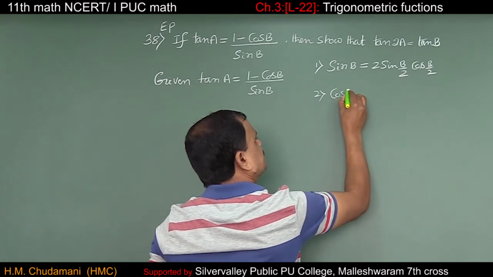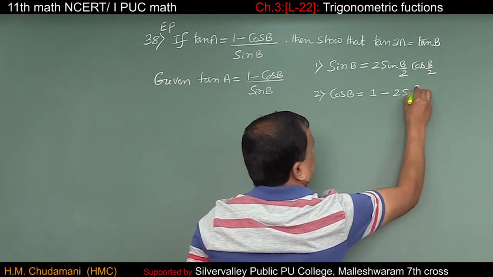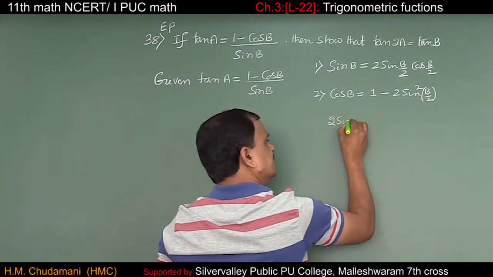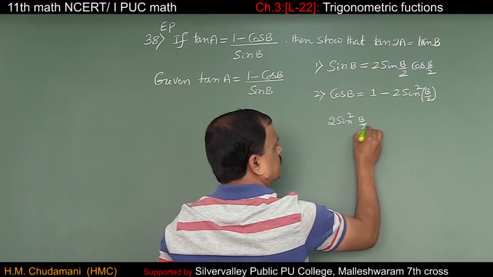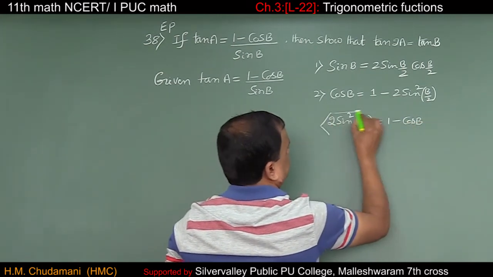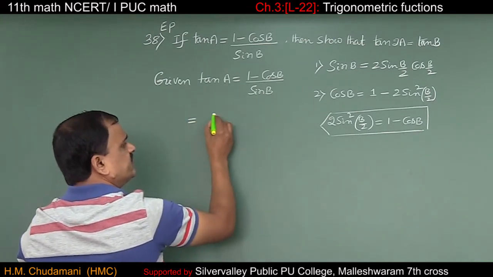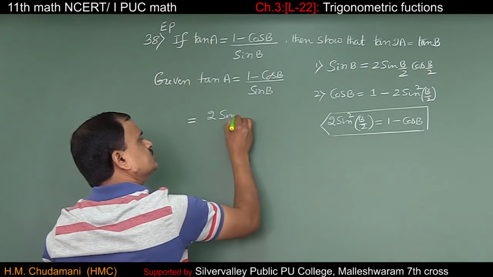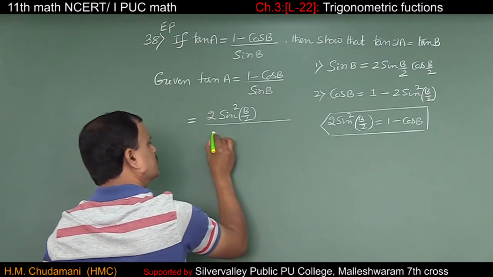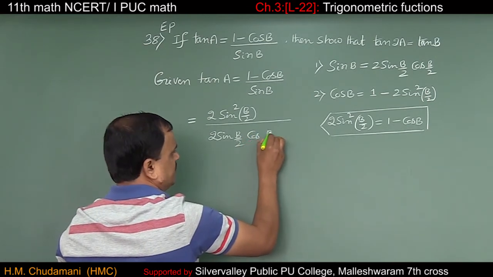Then cos B in terms of sin means 1 minus 2 sin square B by 2, so that 2 sin square B by 2 is equal to 1 minus cos B. I just make use of these two formulae. So 1 minus cos B can be written as 2 sin square B by 2 divided by 2 sin B by 2 into cos B by 2.